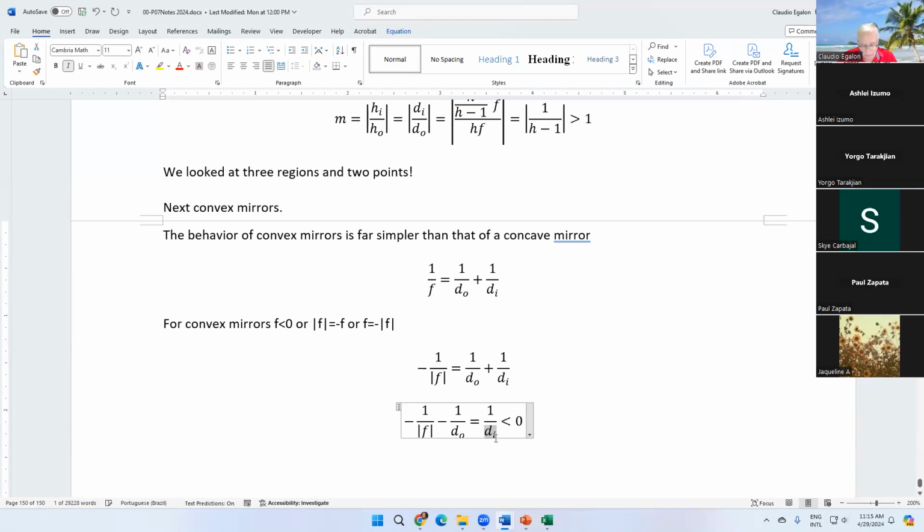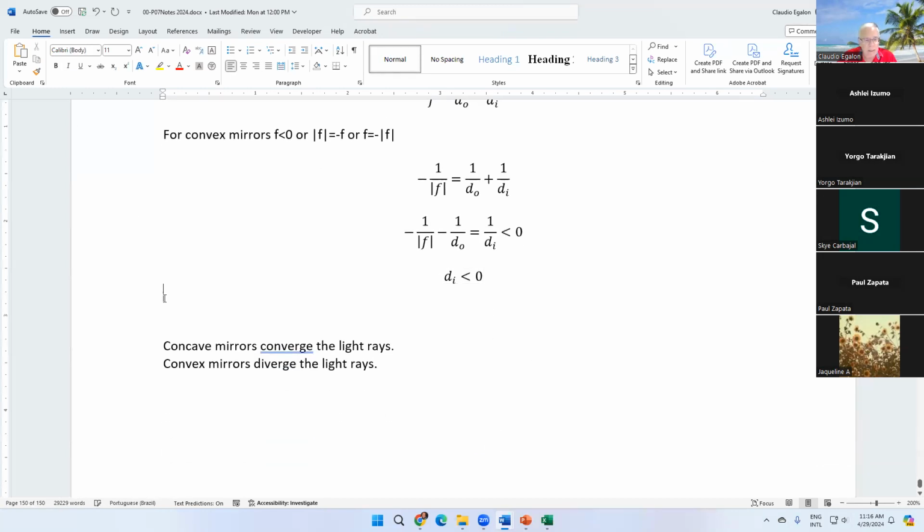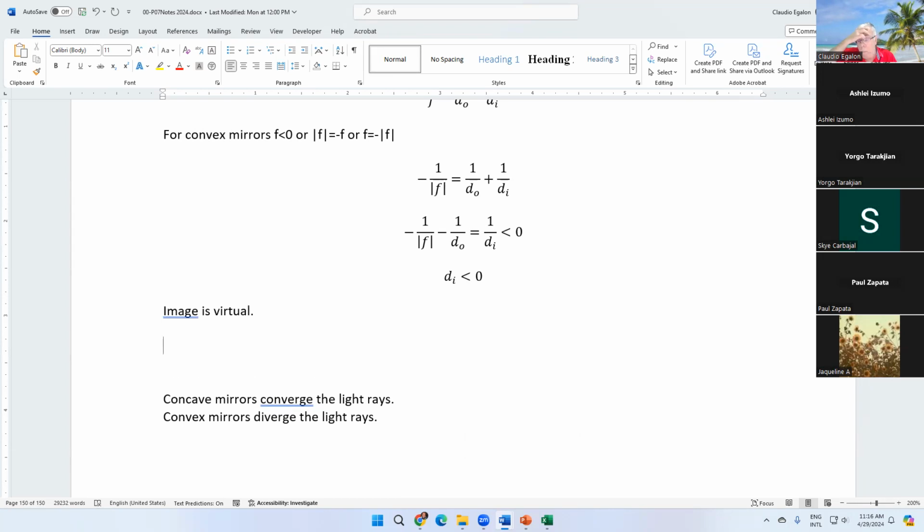Di is always less than 0. So what does it mean? The image is virtual. It is always virtual.